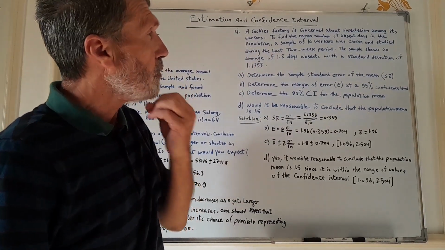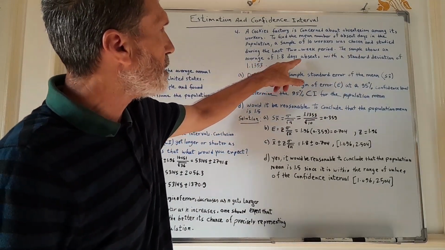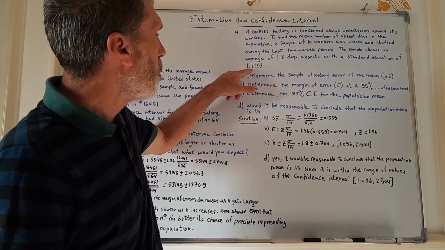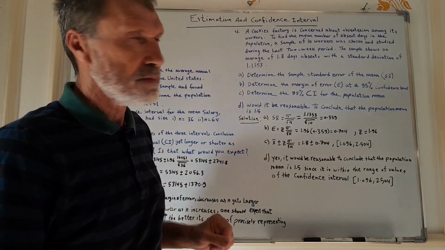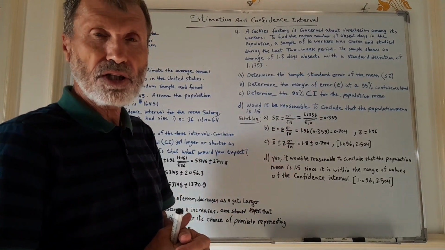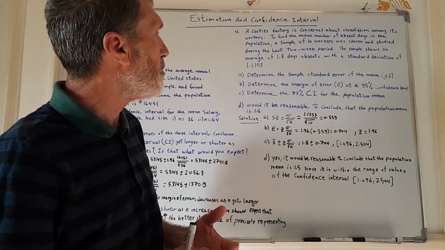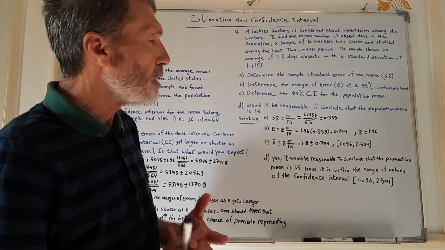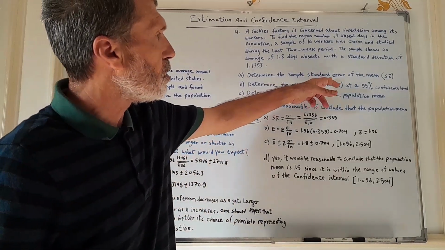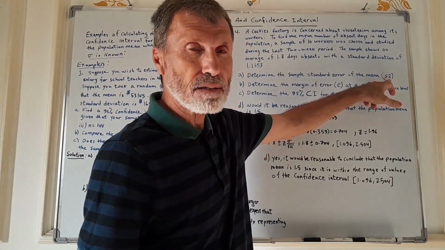Now, as you see, the sample shows an average of 1.8 days absence with a standard deviation of 1.1353. So here we know, as you can see, that the standard deviation is known. Now determine the sample standard error of the mean, which is S x bar.